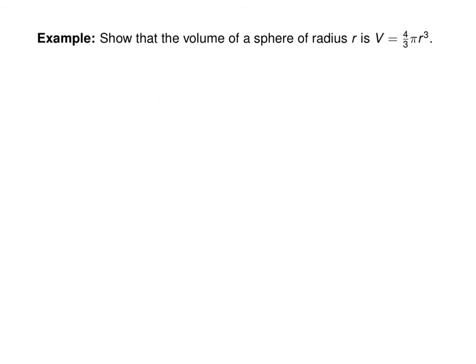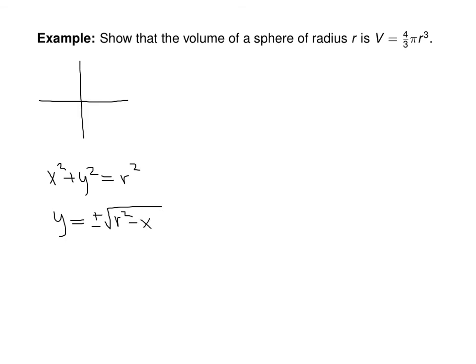So we are going to start. A circle of radius r has equation x squared plus y squared equals r squared. Solving that for y, we end up with y equals plus or minus the square root of r squared minus x squared, or just the top half will give us root r squared minus x squared.